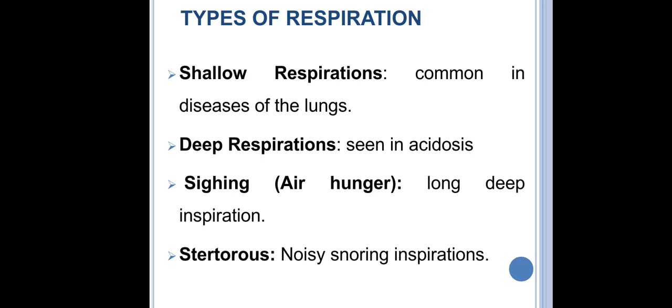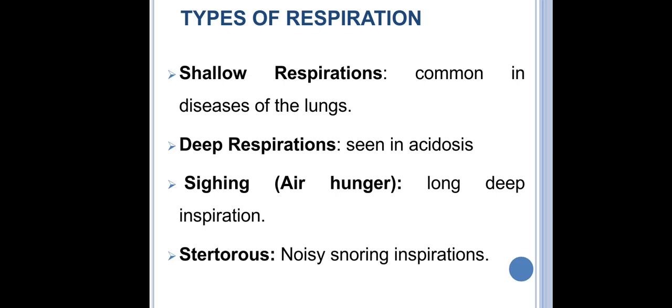This is what we call long deep inspirations, where you breathe for a longer period of time. There's also what we call stertorous, which is noisy snoring inspirations with some kind of whistling.